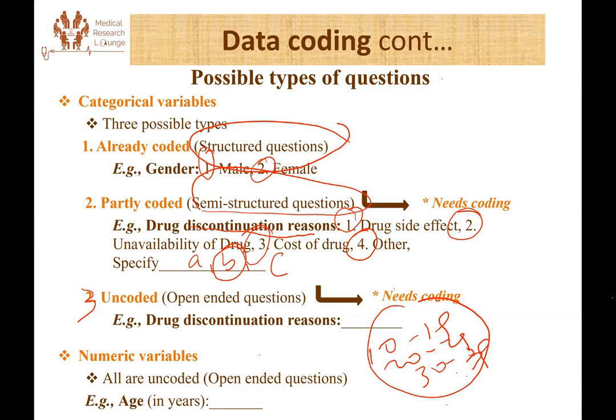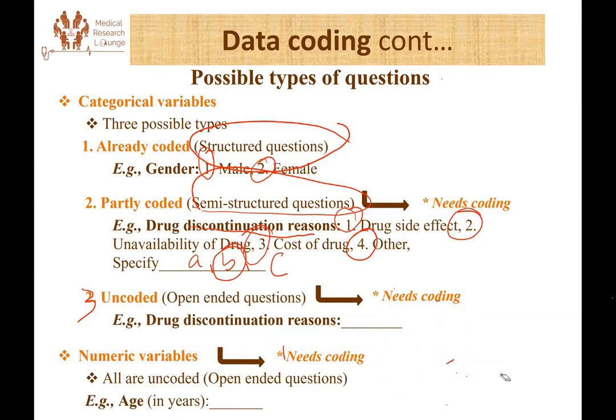And this works for income, I don't know, weight, height, all numeric variables, laboratory values, and all other parameters that we are supposed to measure as a number. They should be measured as a number initially. So after this, it definitely needs coding so that the data can make better sense when interpreting it.